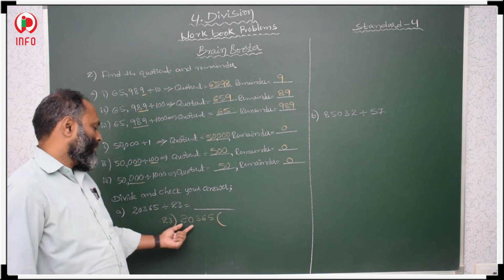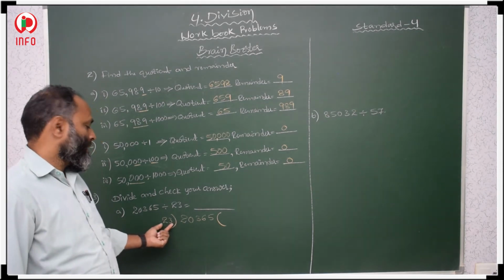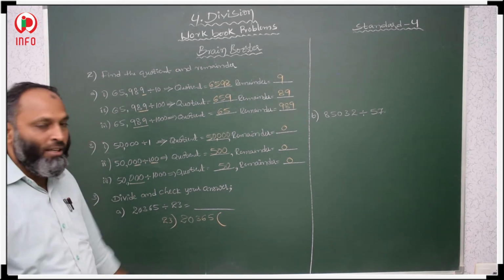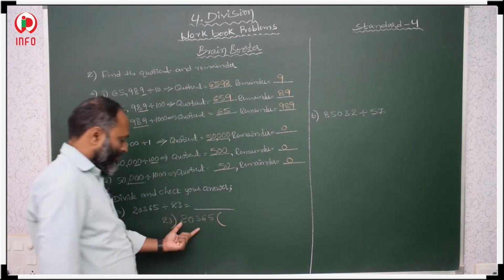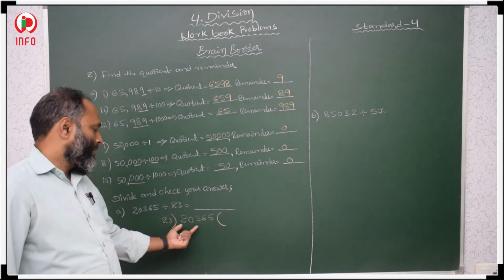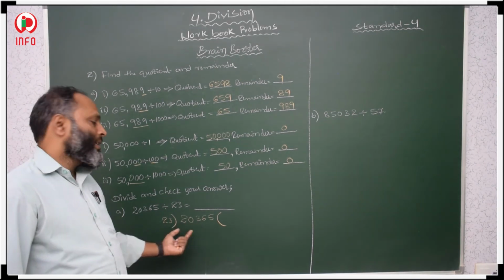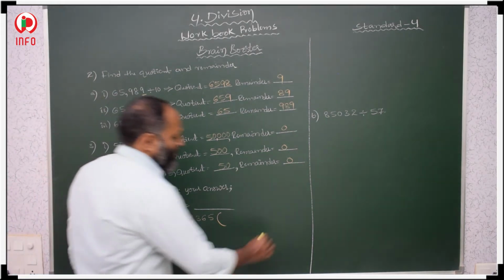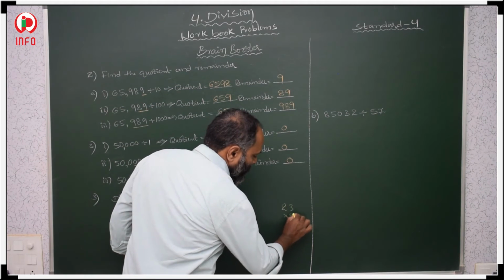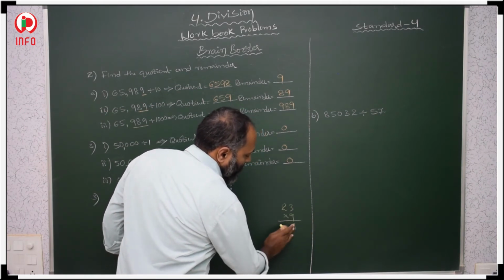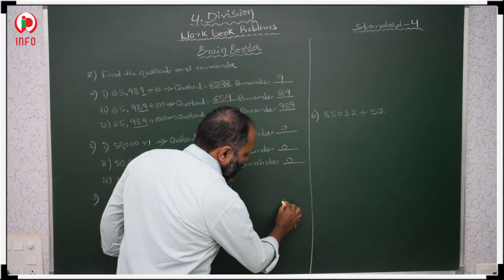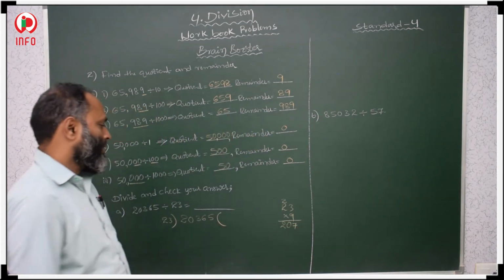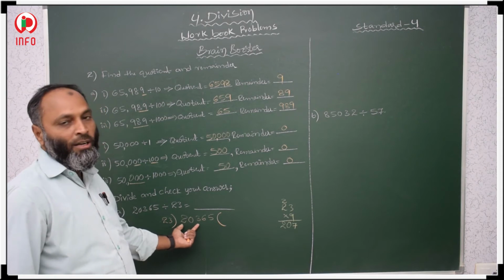Then first we have to take 20. 20 is less than 23, so we have to take 203. So then in 203 where does it divide? We have to take 203 in the 23 table. 23 nines you check once. 23 nines: 9 threes are 27, 9 twos are 18, 20. 207. 207 is more than 203.